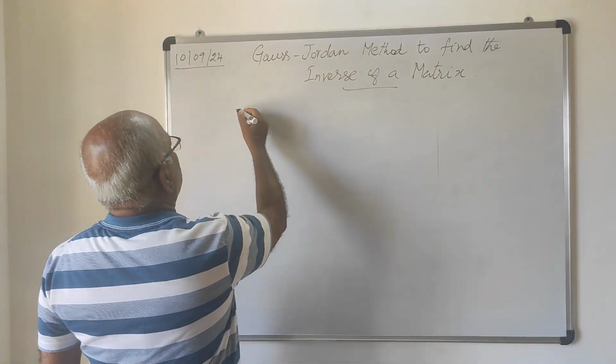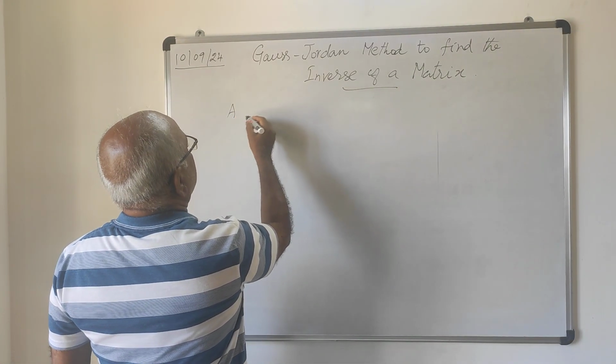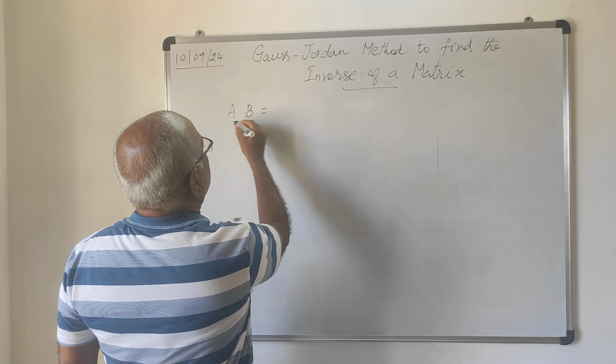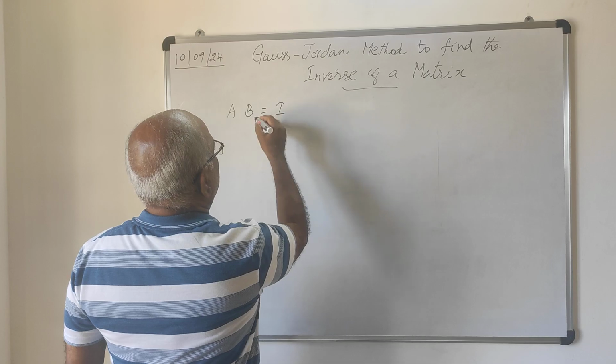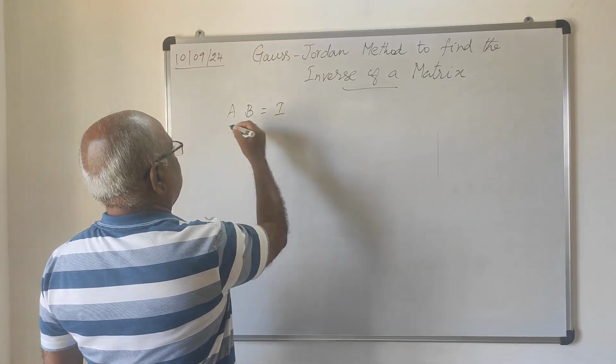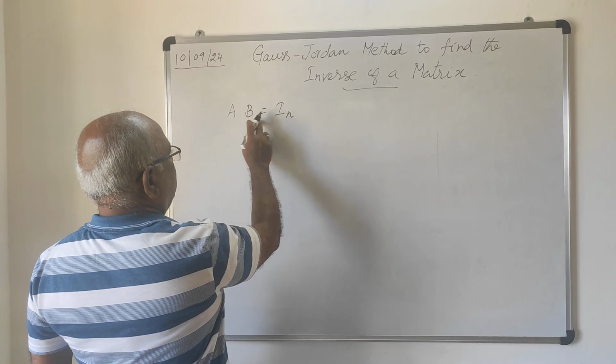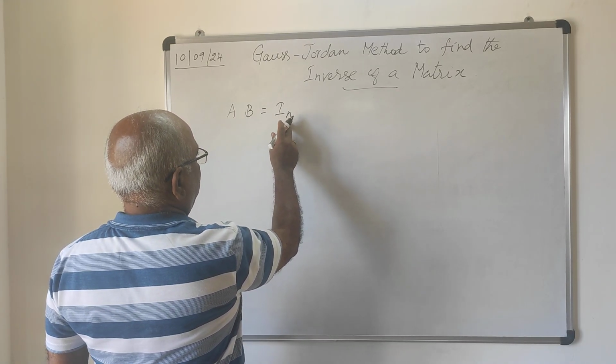You know, suppose A is a matrix and B is another matrix. If you multiply these two, it gives you an identity matrix. Suppose A and B are matrices of order n, and A into B is the identity matrix of order n.